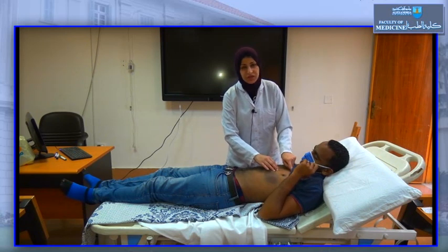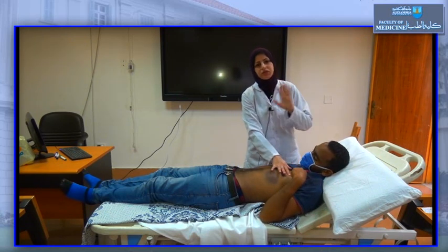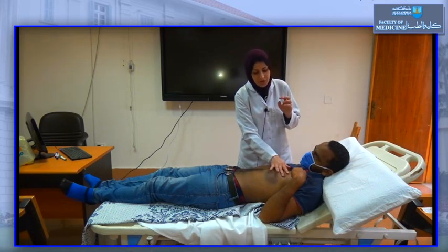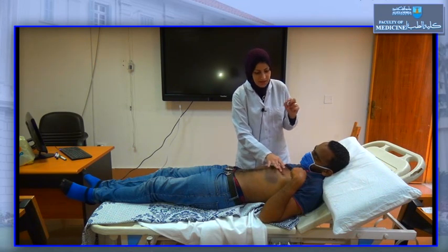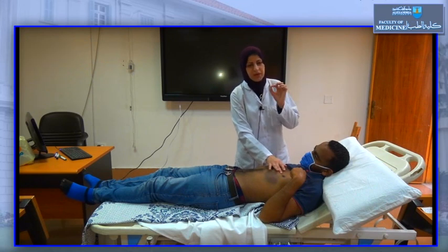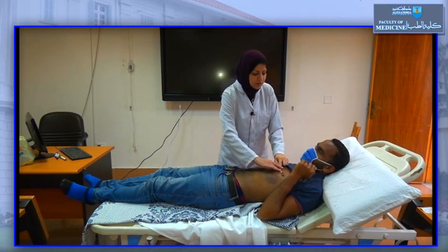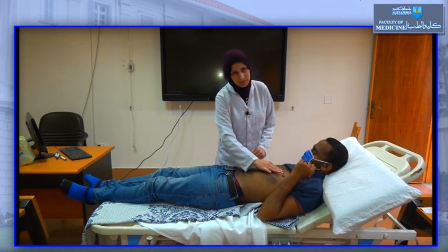The left side of the heart. We said the second intercostal space is resonant normally, which is the pulmonary area. What about the third intercostal space? It's called the cardiac waist. The cardiac waist may be an impaired note, normally not more than 1 finger from the sternum.